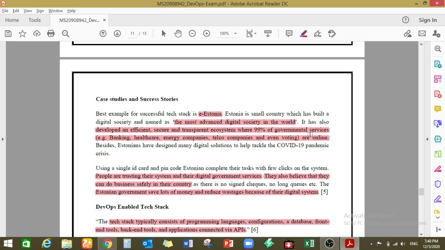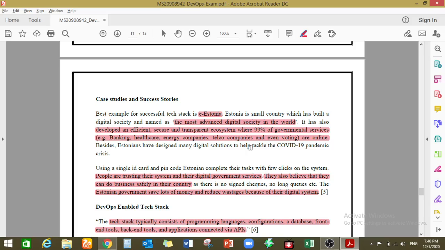It has developed an efficient, secure, and transparent ecosystem where 99% of the government services, like banking, healthcare, energy companies, telco companies, even the voting in elections, are online.